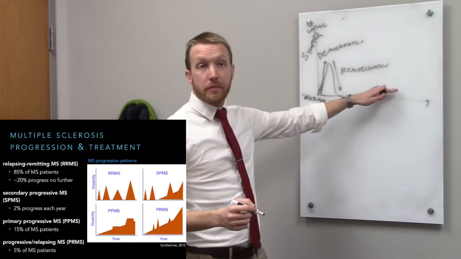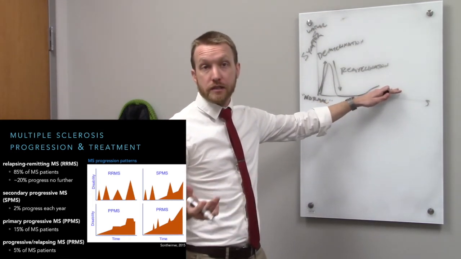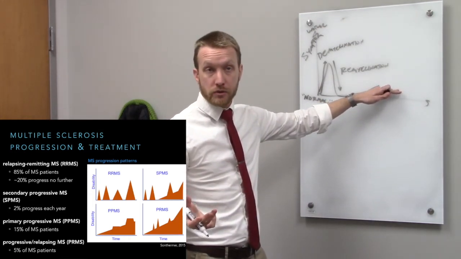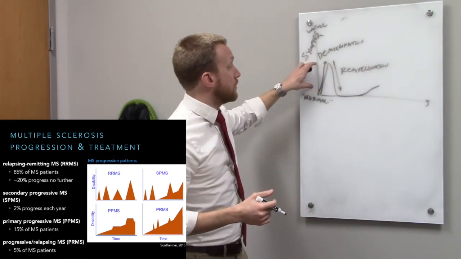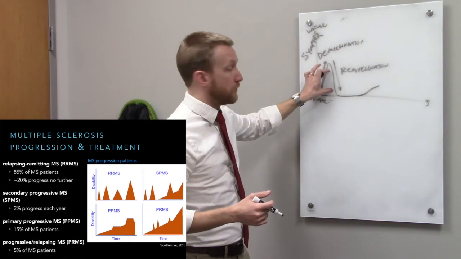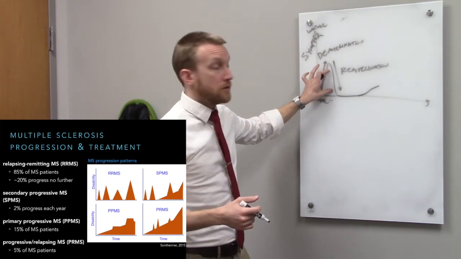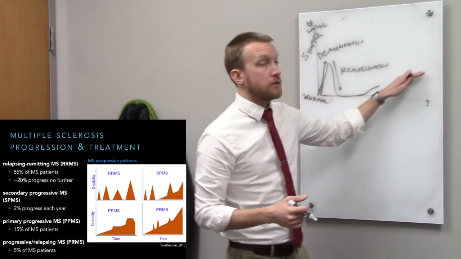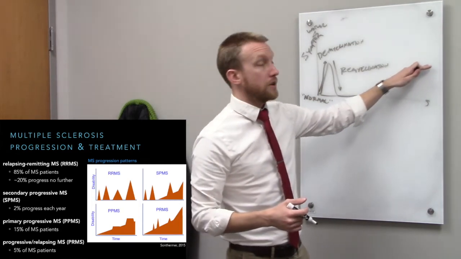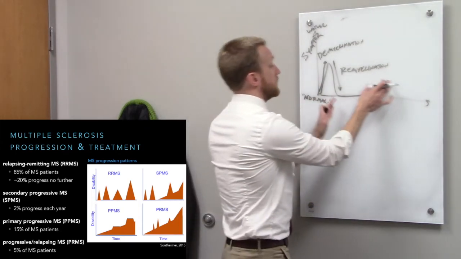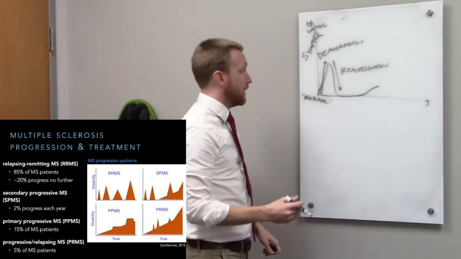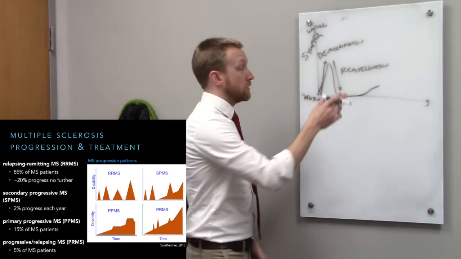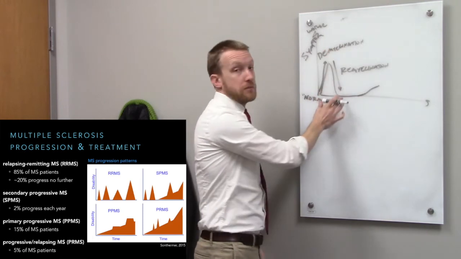Failure to come back to baseline is what we see in progressive forms of multiple sclerosis. If you have periods of relapsing and full remission, then you have what we call secondary progressive MS, because the progression is after the relapsing and remitting MS. Not every case has those relapsing and remitting periods.